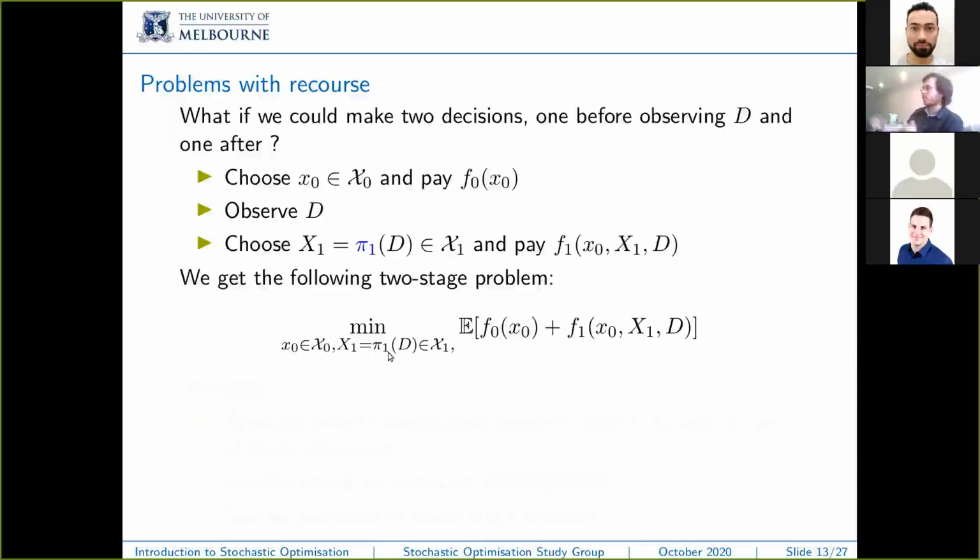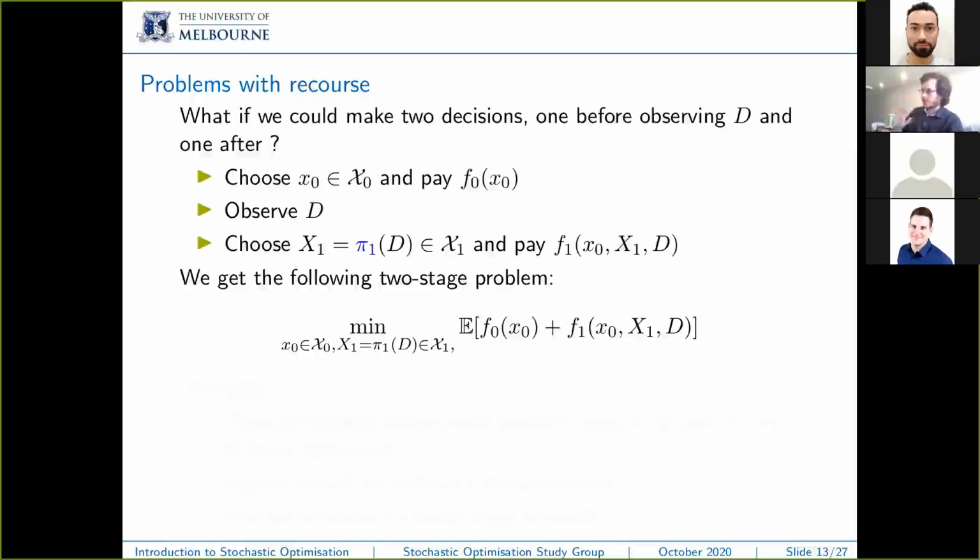If you think about it, you want to represent this problem, and here you have this uncertainty represented by a random variable. Simple values of x1 might not be a good way of representing it, because you do not represent the fact that you will know D during the second step.